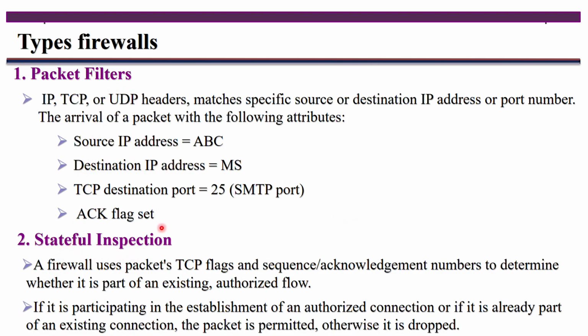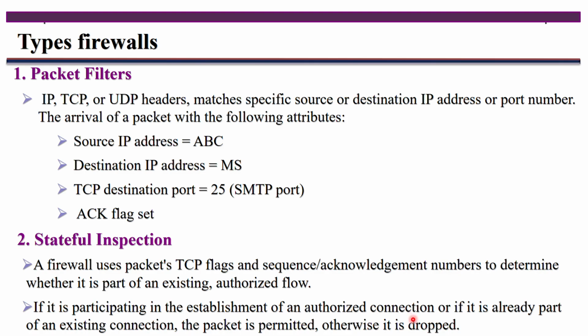As I told, the packet filter checks only this information and does not check how the connection was established. Whether it followed an authorized connection or not is not verified by the packet filter. Yes, stateful inspection checks for the establishment of an authorized connection.